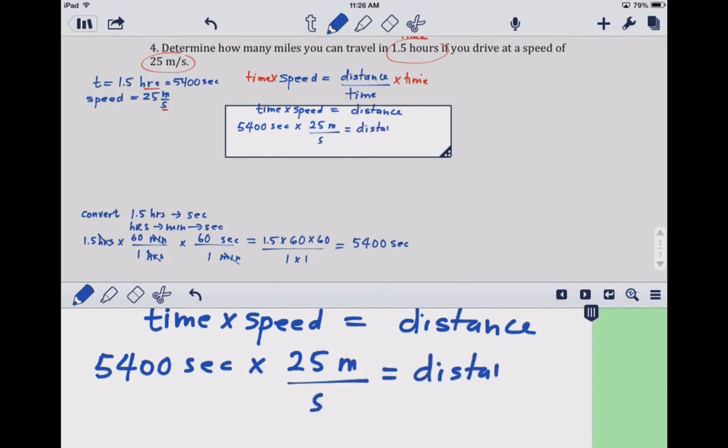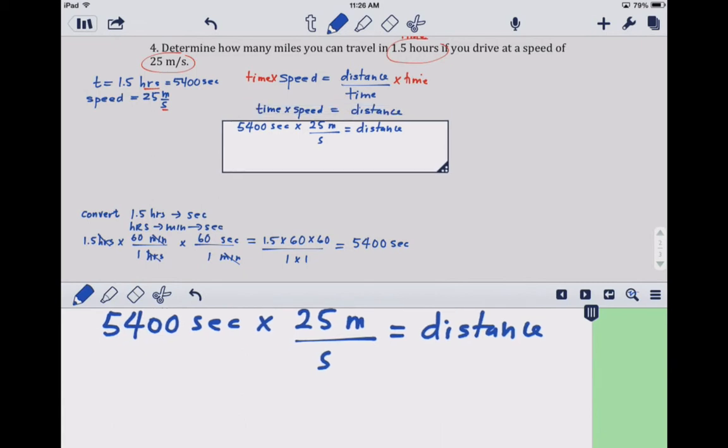So in 1 second, I run 25 meters. Now, that's quite impressive. I drive maybe 25 meters. In the next second, I'm going to drive an additional 25 meters, and so on, all the way for 5,400 seconds.